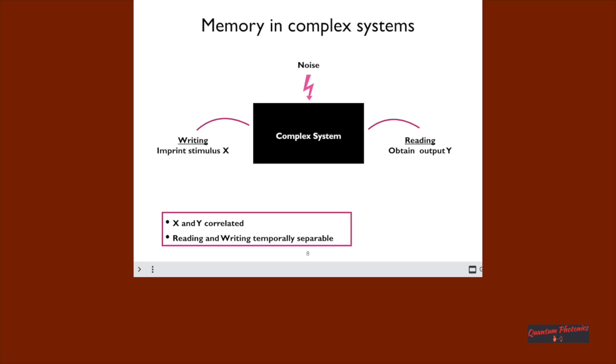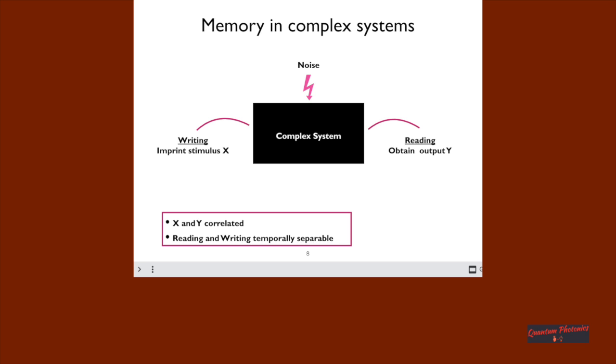What we see is that we can say a system has a complex system. Not necessarily our brain, which is also a complex system, but not necessarily our brain neural network. But in general, any complex system can be considered to have a memory if there is any process of writing an information or imprinting an information of a stimulus into the system, and there is a process through which the information about the stimulus can be read out from the system after a certain time.